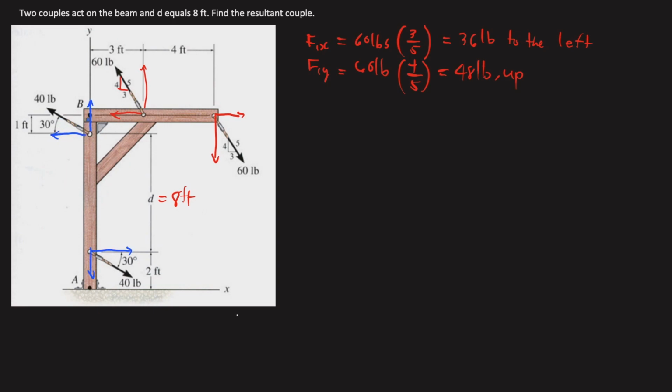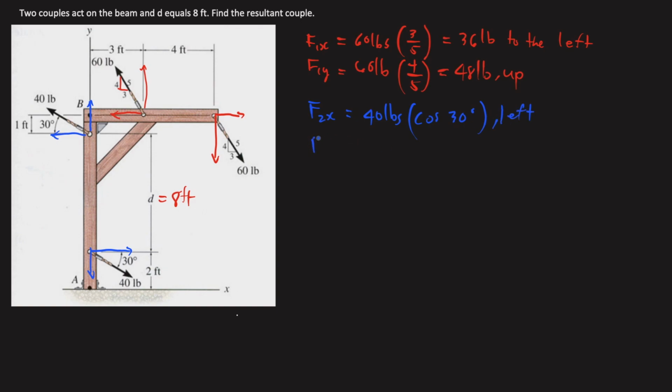Now for this, let's label it F2x, so that is 40 pounds. Since we are given this angle and we're getting the x component, this is the adjacent side with this angle 30, so we can use cosine. Since cosine is adjacent over hypotenuse, that's cosine 30 degrees, which is going to the left.